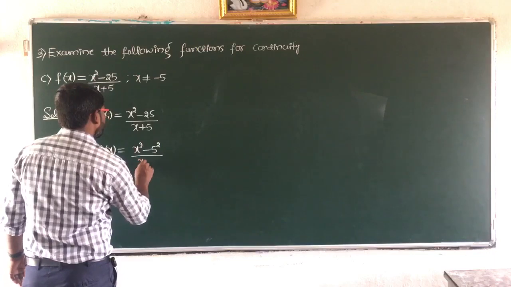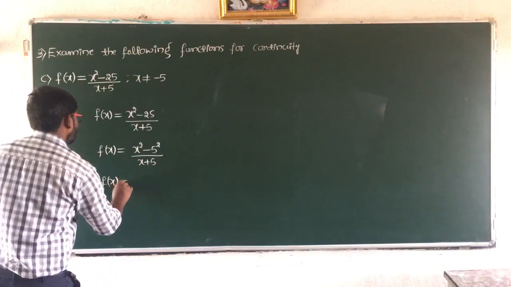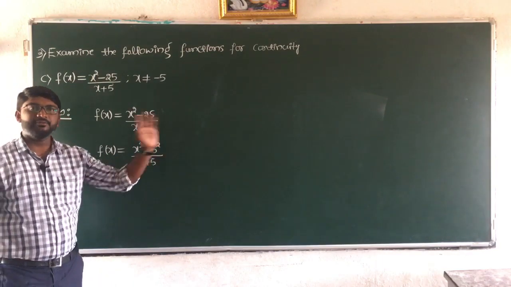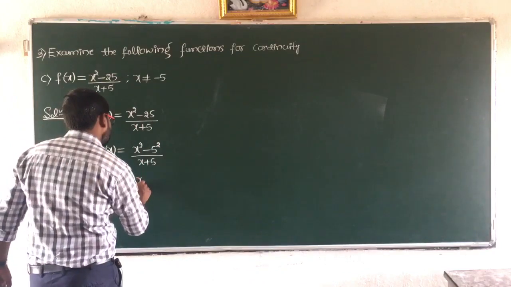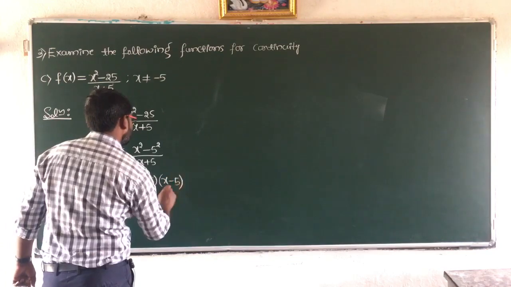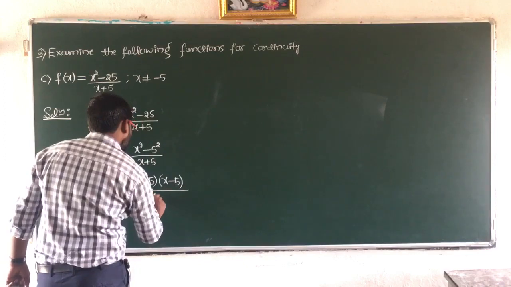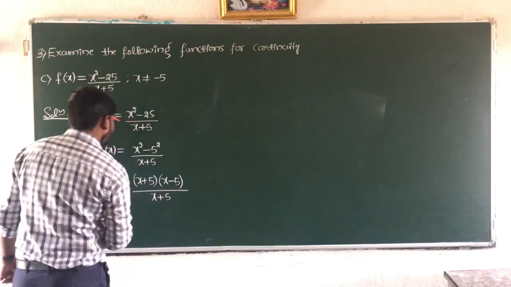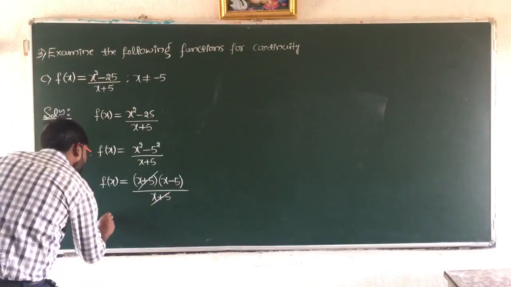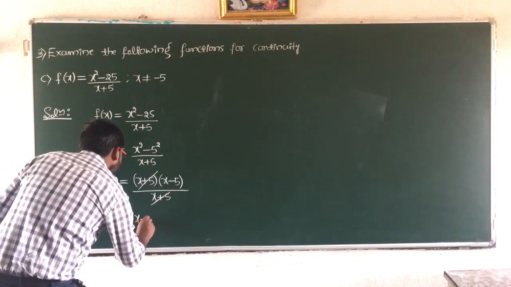It is in the form of a square minus b square, which can be written as (a plus b) into (a minus b). So it is (x plus 5) into (x minus 5) divided by (x plus 5). Now x plus 5 and x plus 5 cancel, and we get x minus 5. So f of x is equal to x minus 5.